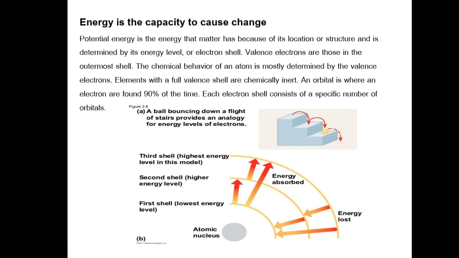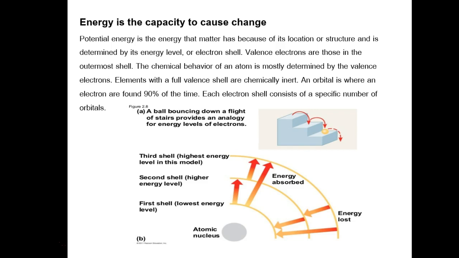Chemically its behavior is based on the valence electrons, the electrons that are in the outermost shell. Here's a slight way that term is different than all the other shells and energy levels, because energy levels and shells really can be used interchangeably, but valence level generally refers to the outermost shell.